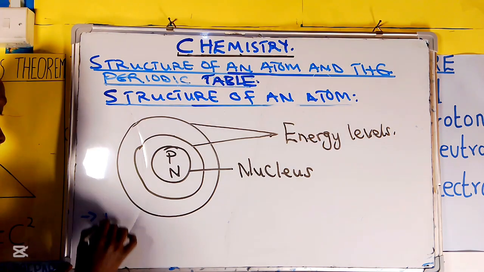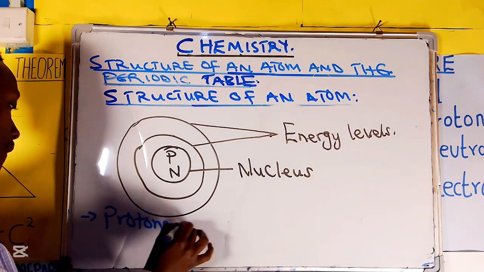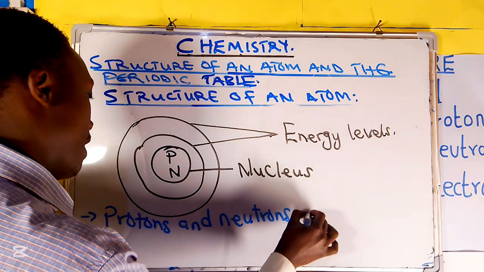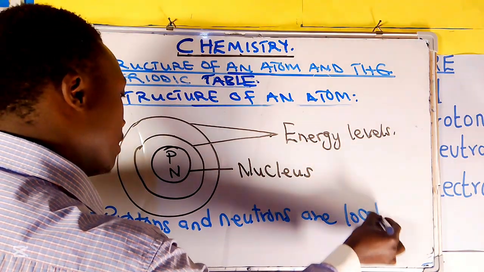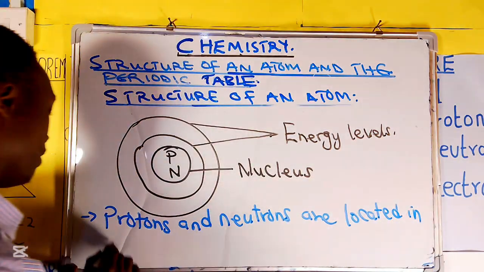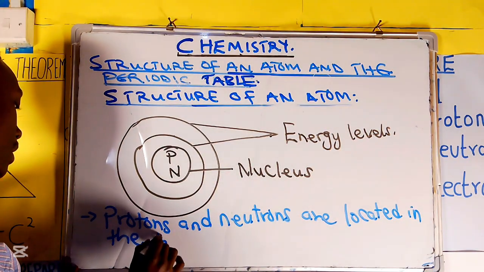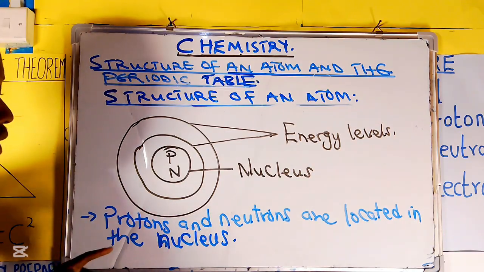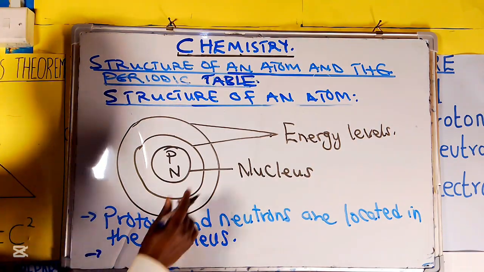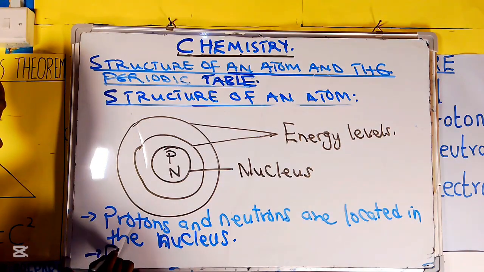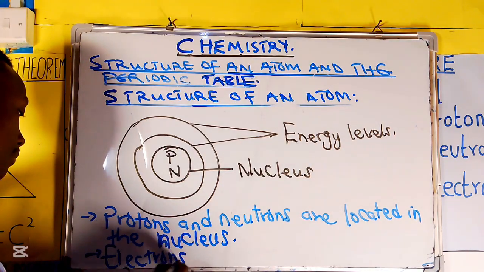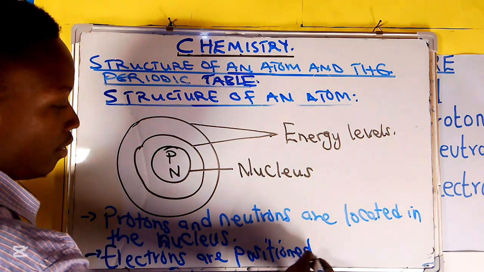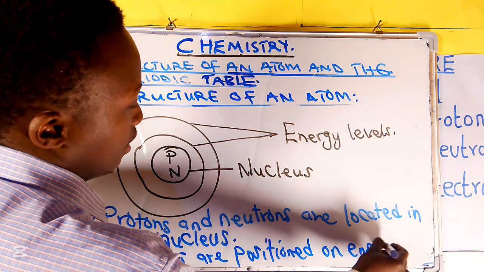So the protons and neutrons are located in the nucleus. The protons and the neutrons are located in the nucleus. And the electrons are positioned on energy levels.